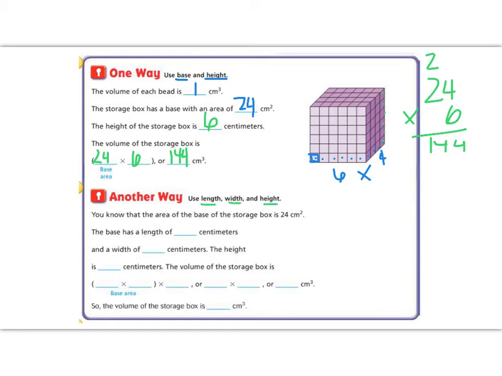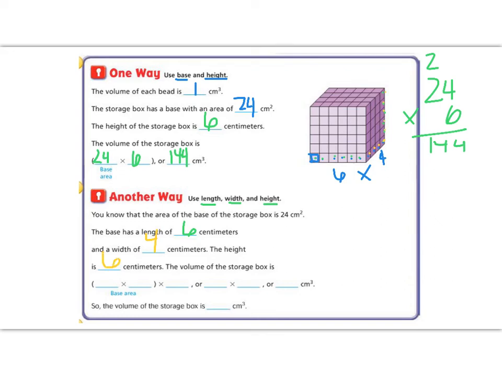Another way to do it, instead of finding the area of the base, is to use length and width and height. And we can multiply all three of these together to find the volume. The base has a length of 6. We counted it. 1, 2, 3, 4, 5, 6. The width, we said, was 1, 2, 3, 4. And the height is 1, 2, 3, 4, 5, 6.